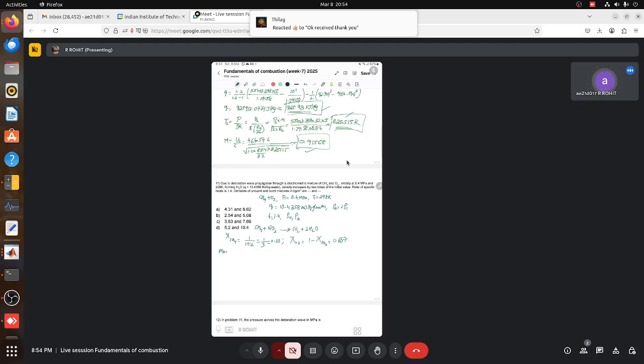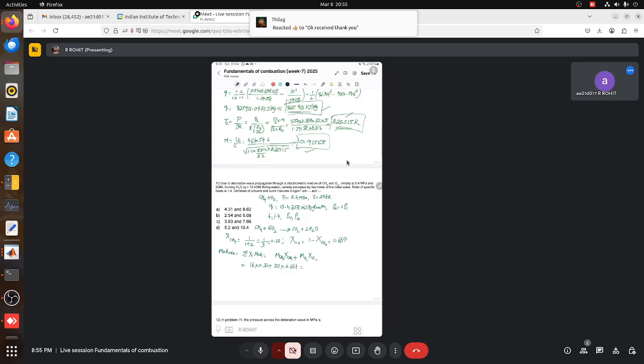So your molecular weight of the mixture is nothing but the sum of mole fraction into molecular weight, that is molecular weight of methane into mole fraction of methane plus molecular weight of O2 into mole fraction of O2, which is 16 into 0.33 plus 32 into 0.667.